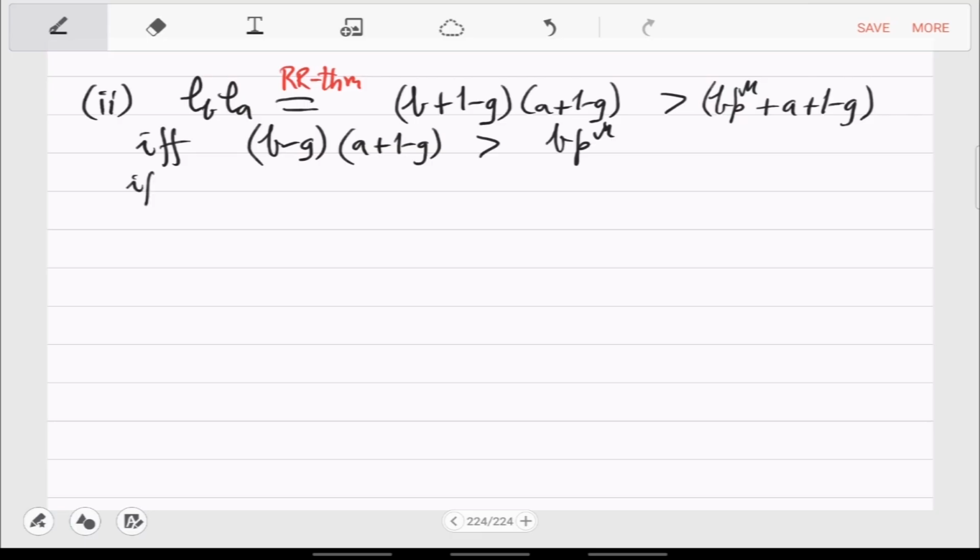If and only if is greater than G. So you multiplied by G, brought on the right side and brought BP mu on the left. Fine.